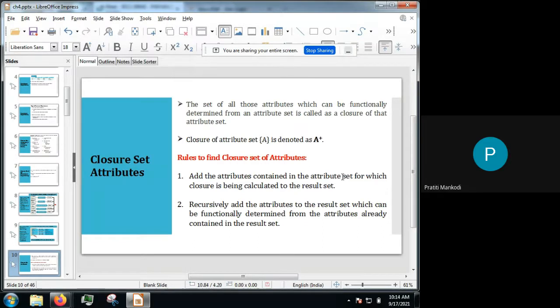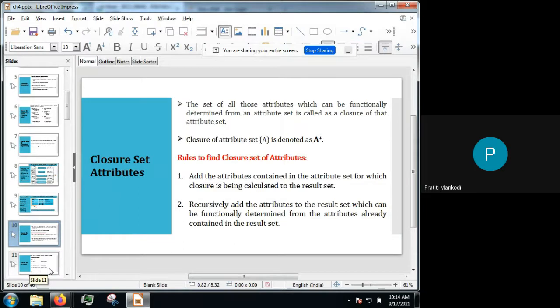Now, you are already aware of how to find the closure, when we discussed the key attributes, the key constraints of a database. But let us do it one more time. The set of all those attributes which can be functionally determined from an attribute set is called a closure set of attributes.